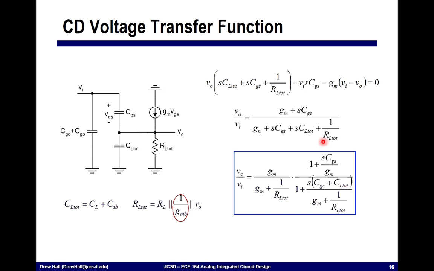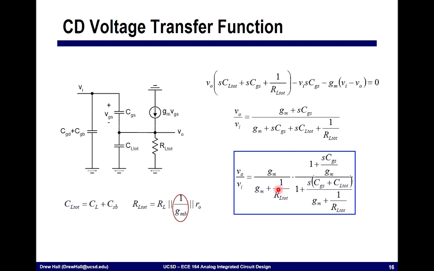Okay. So I can massage this around a little bit. Essentially what I'm trying to do is pull out the terms that don't have any frequency dependence, putting them at the beginning, and then having just the frequency dependent terms. Okay. So the DC, or the midband gain of the circuit, and midband simply means that we're not taking into account the frequency dependent effects, is GM divided by GM plus 1 over RL total.